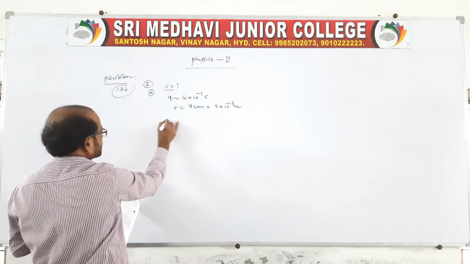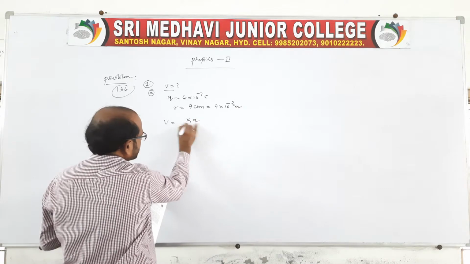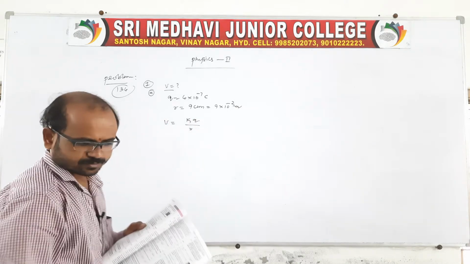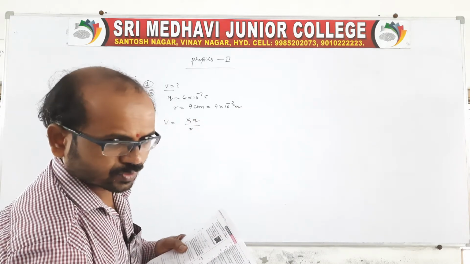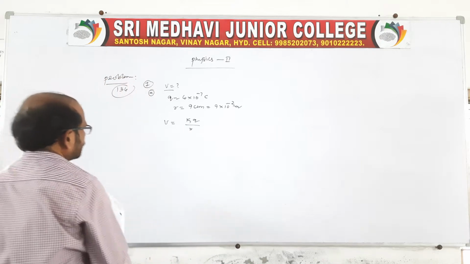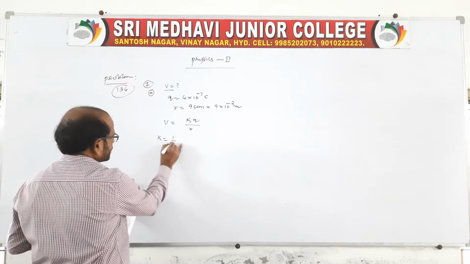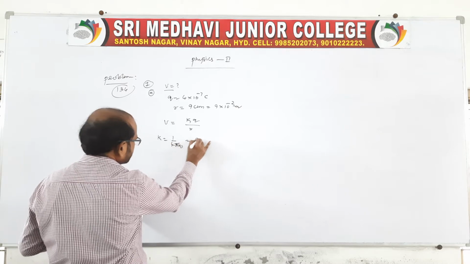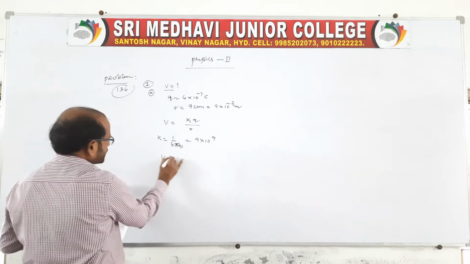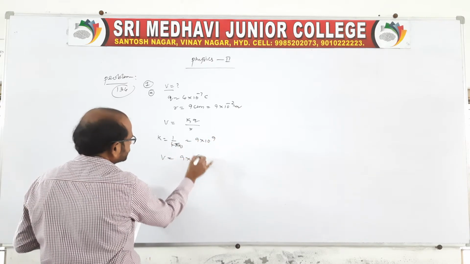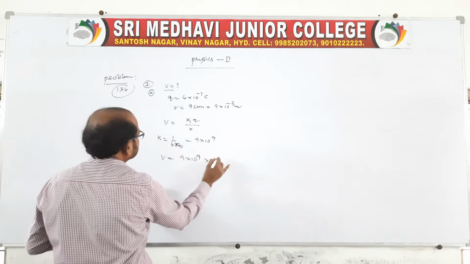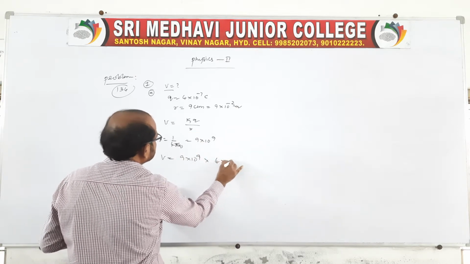It is asking potential. Of course we know V is equal to KQ by R, right? We know the K value, that is 1 by 4 pi epsilon naught, which is equal to 9 into 10 power 9. So 9 into 10 power 9 into the Q value, 4 into 10 power minus 9, by R, which is 9 into 10 power minus 2. The 9s cancel, and in the exponents, minus 9 plus 2 gives minus 7, so the numerator is 4 into 10 power minus 7.